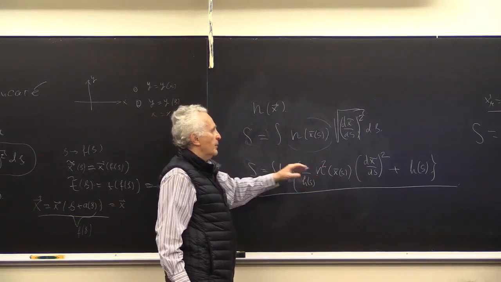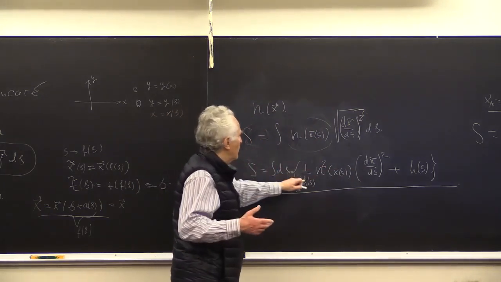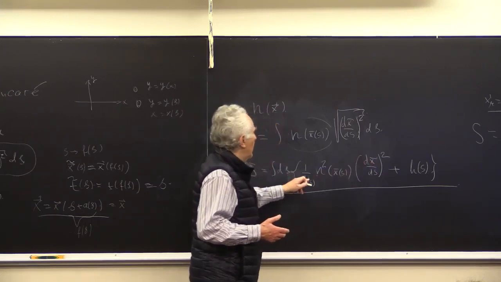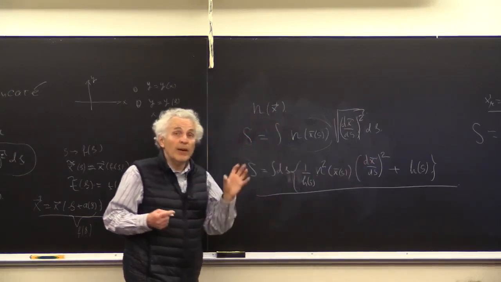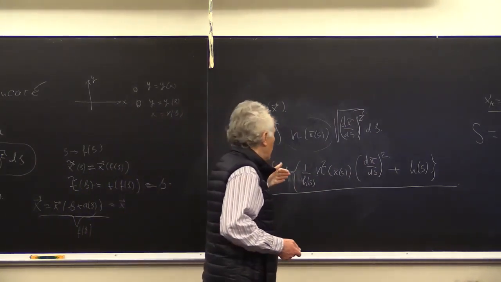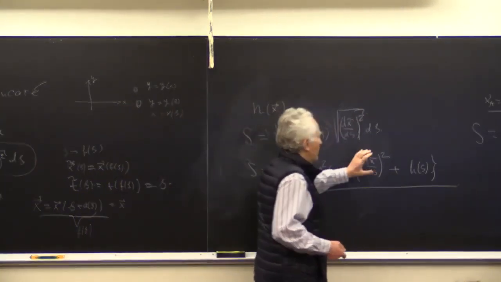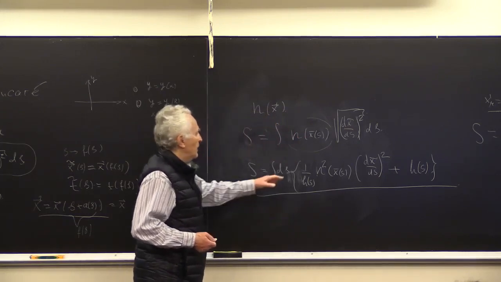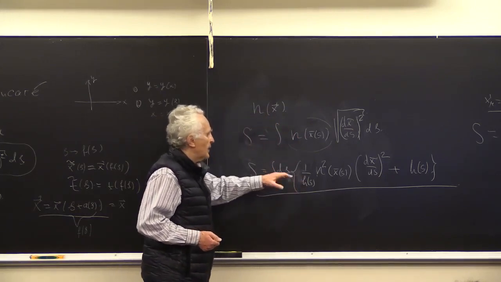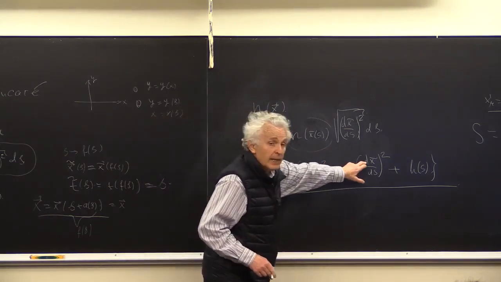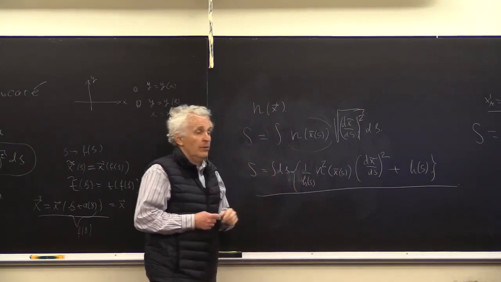Let me first ask you a question. So I introduce new variables. Our variables are now x of s and one more variable h. It's kind of an extra dimension which we are introducing here. One more independent variable, and we require that the action should be invariant under all variations, not only of x of s, but also of h of s.